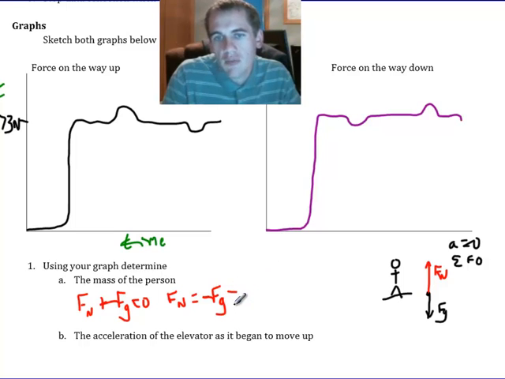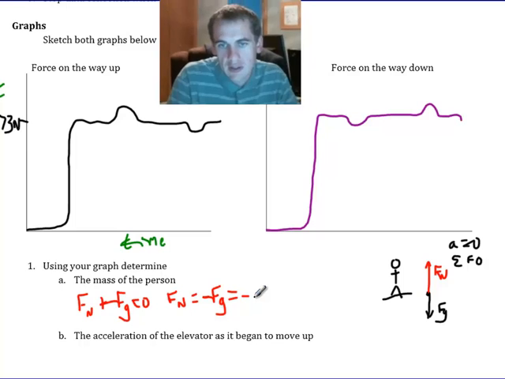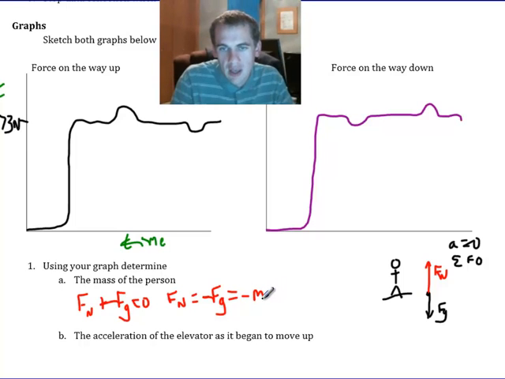Okay? But I know that Fg is equal to mass times the acceleration due to gravity, so this is equal to negative m times g.